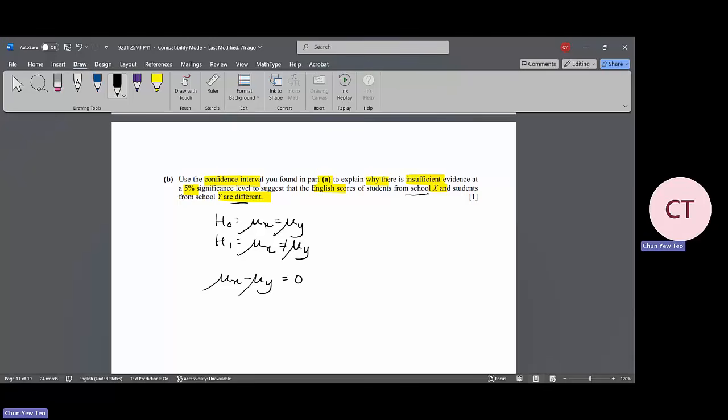So we just say that because 0 is in the interval that we found in part A, in the confidence interval for the mean difference, which is negative 12.9 to 24.3.